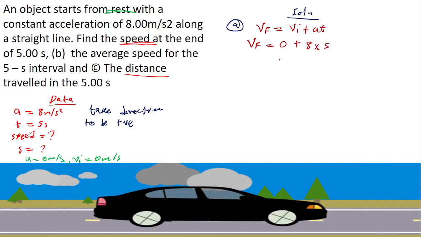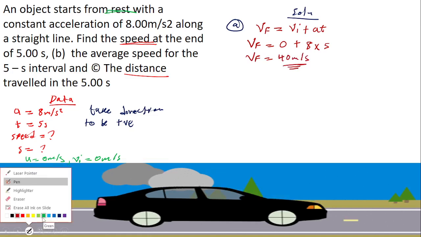So from this, you can quickly check out the multiplication there. So the final velocity is simply equal to 40 meters per second. So this was the answer for this particular question.